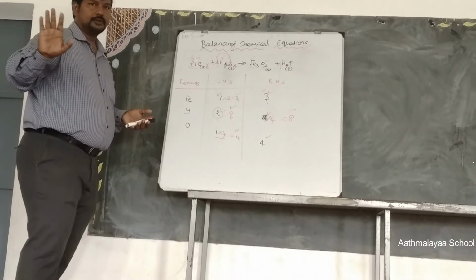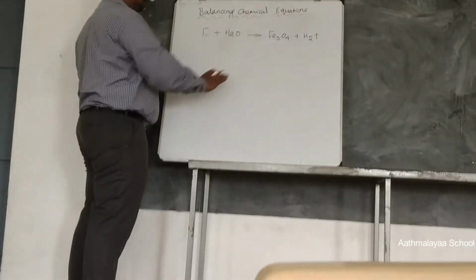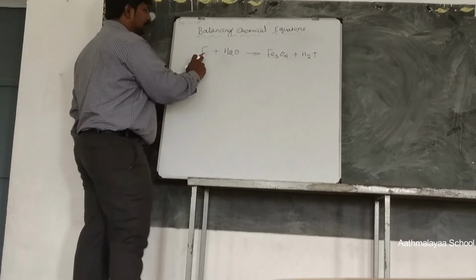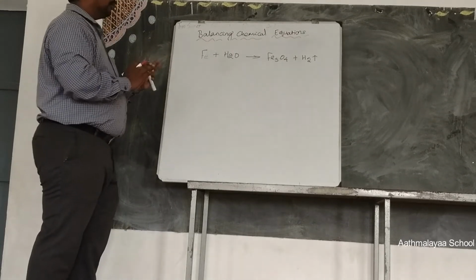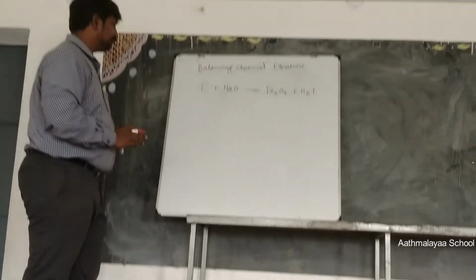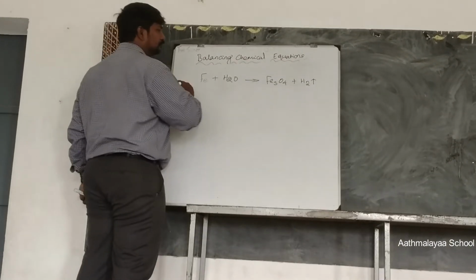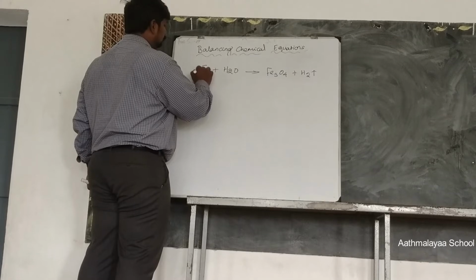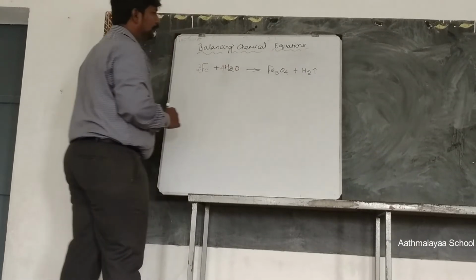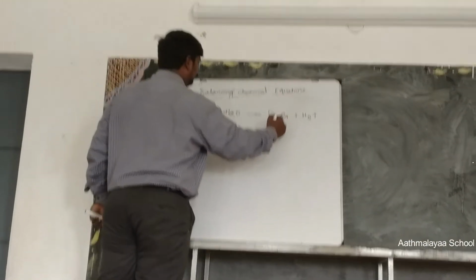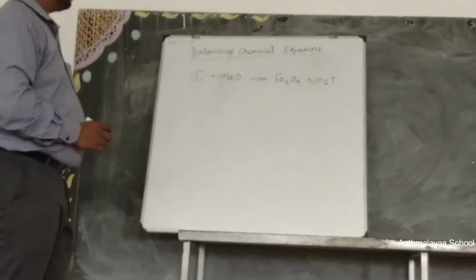As I said, we have to mention the number on LHS and RHS on both the sides, and make changes according to the law of conservation of mass. So the equation will be 3Fe plus 4H2O gives Fe3O4 plus 4H2. This is the final equation.